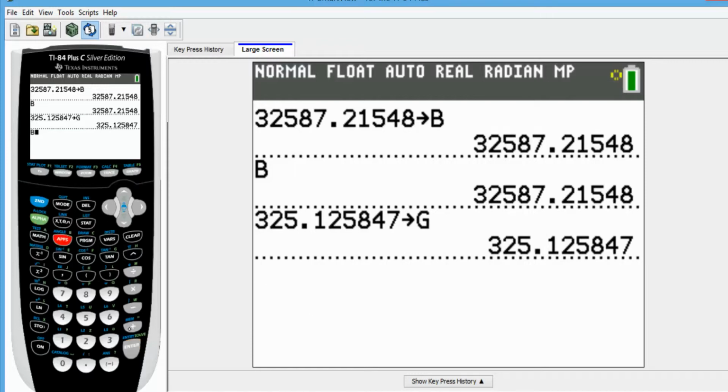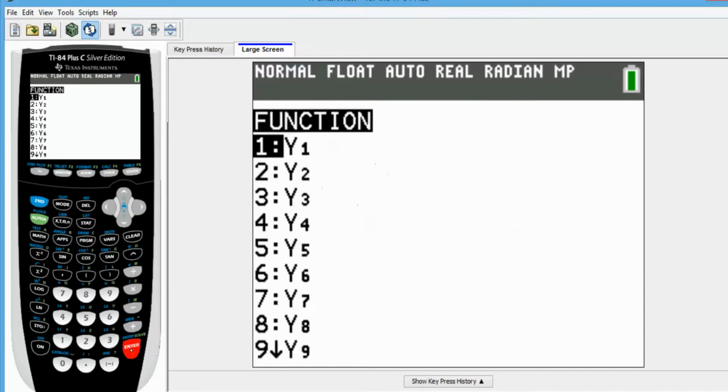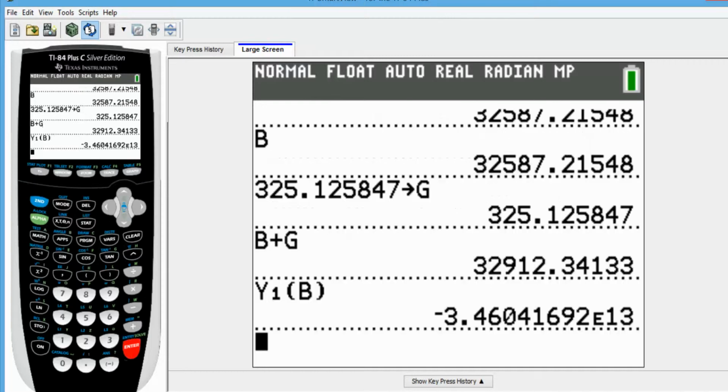Alpha B plus alpha G, enter. And if you wanted to evaluate a function like this, usually you would type in the number. Guess what you can type in instead? B. That means evaluating that function at B. You hit enter, and it's plugging that number into the equation. So you don't have to keep typing big decimals if you save everything. I highly recommend that.